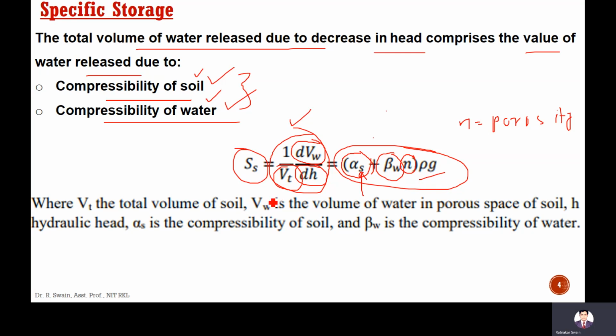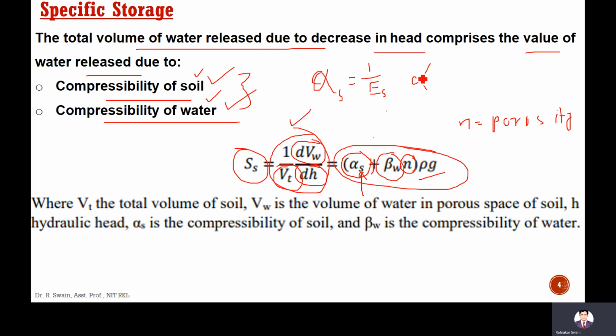Compressibility, as you might know from BTech, is the reciprocal of modulus of elasticity. Compressibility of any material is the reciprocal of its modulus of elasticity. Compressibility of soil, alpha, is 1 by modulus of elasticity of soil.